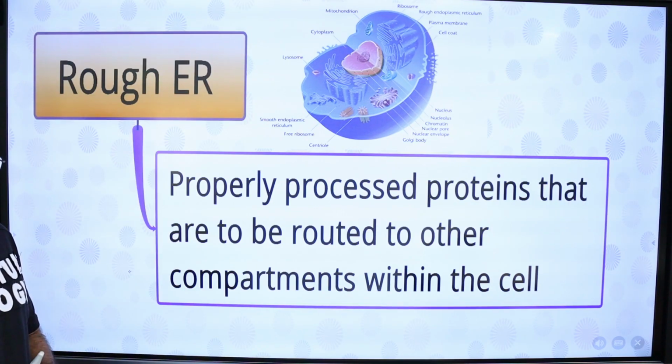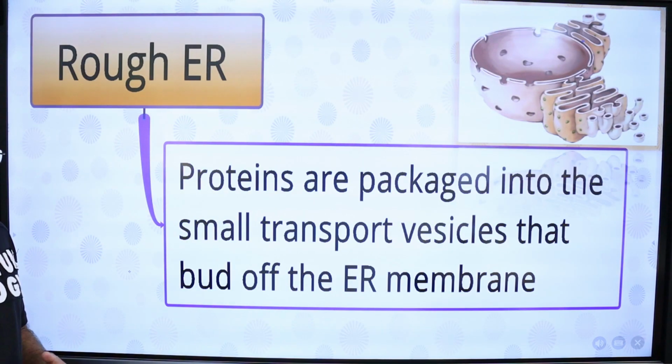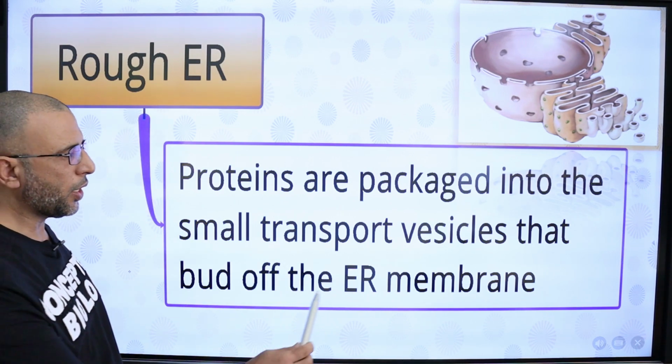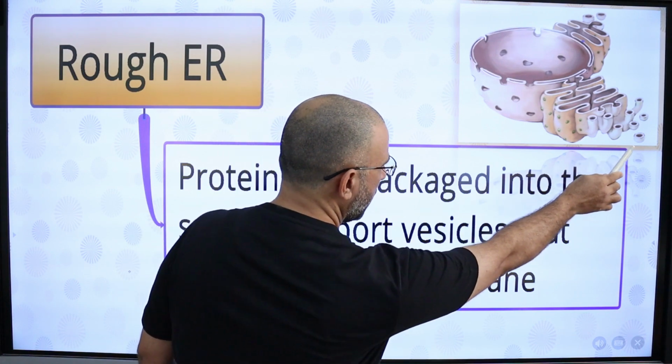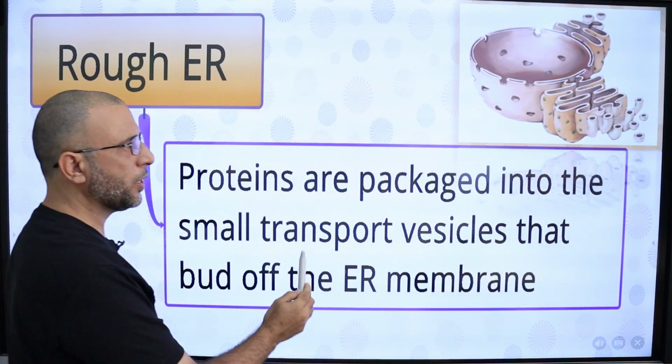Properly processed proteins are to be routed to other compartments within the cell. Proteins are packed in small transport vesicles that bud off the endoplasmic reticulum membrane. Here we can see these small vesicles budding off from the endoplasmic reticulum.